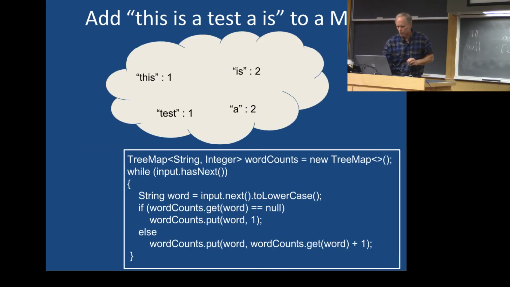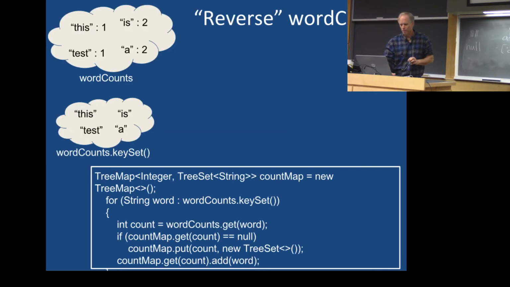Okay, so let's see. We just did this map here. Now the last thing we did was turn the mapping around. So this one maps this to 1 and test to 1 and is to 2 and of to 2. We wrote code that turned it around so that each count was mapped to the set of words that occur that many times.